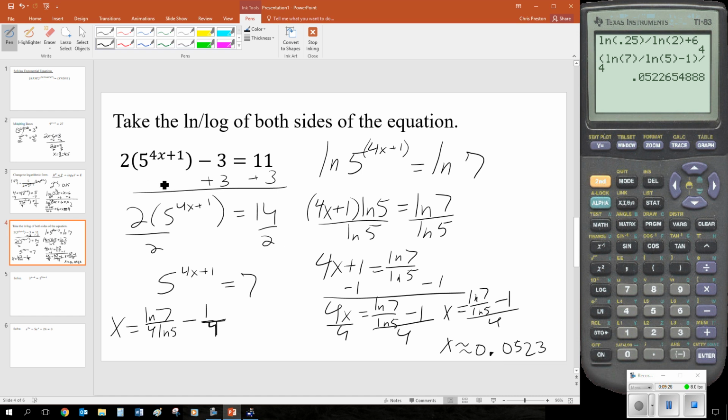So that's a nice thing of doing the natural log or the log of both sides, is you get something that will naturally be ready to put in to your calculator.